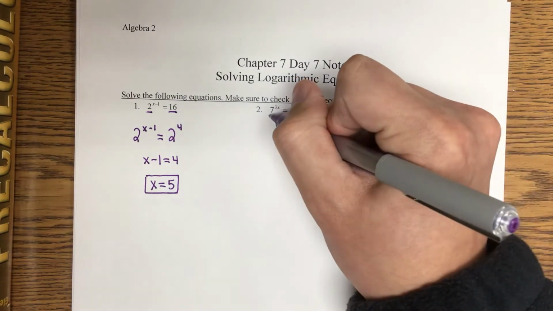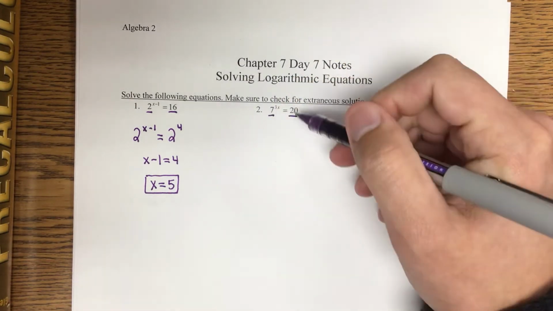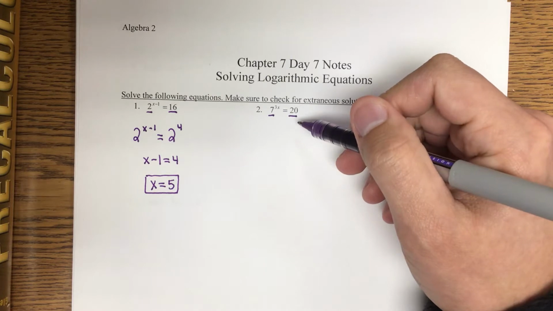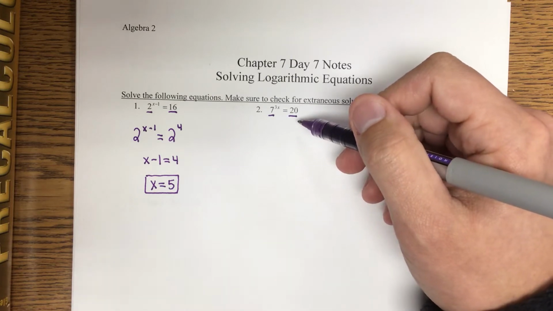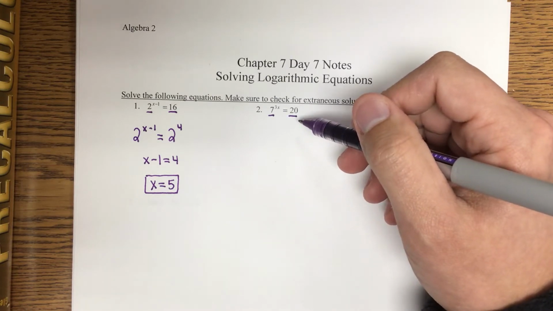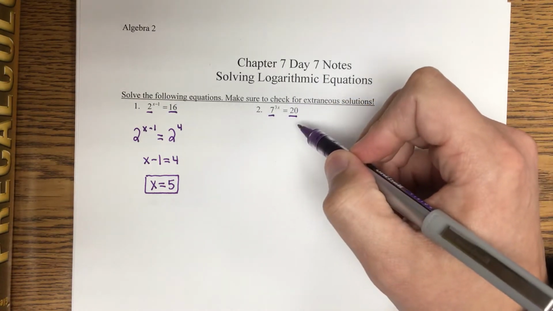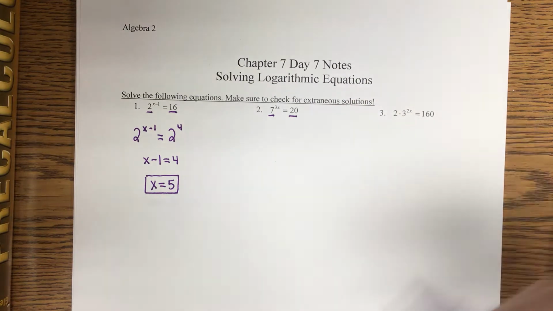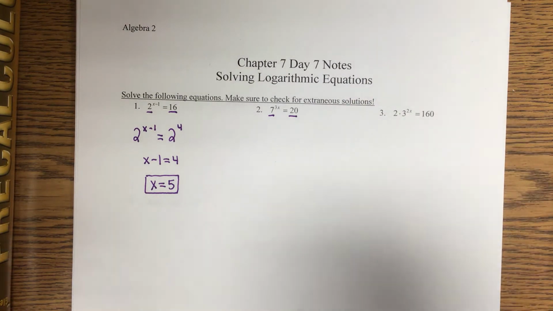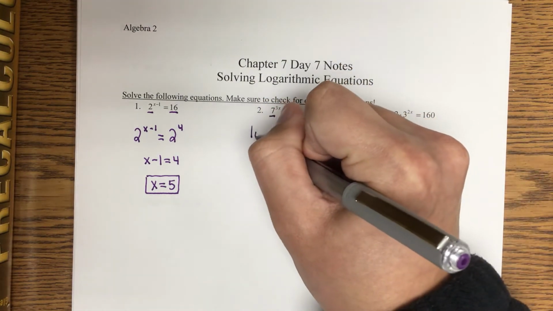But you'll notice on problem number 2, it's going to be very difficult to get 7 and 20 to be the same base. So back in day 6, I had to give you some starting values in order for you to maybe solve for this on your own. But today we're going to do something different. We are going to take the log on both sides.